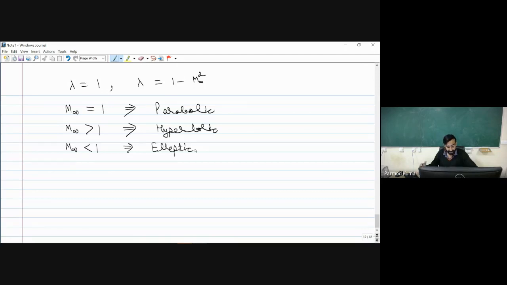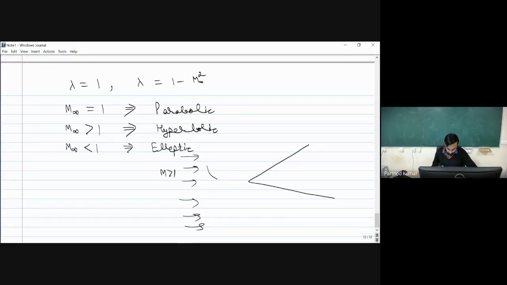let me give you one example. Let me consider that I have some wedge section over here, and over this wedge section some flow is happening, and obviously the flow is happening at very high Mach number. So I am considering over here that my Mach number is greater than 1.